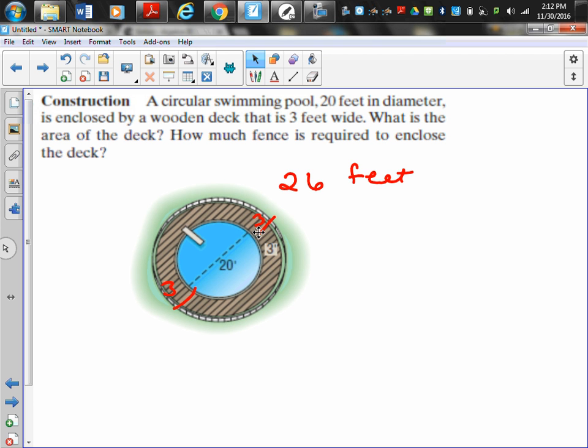How much fence is required to enclose the deck? What is that question asking you to find? Circumference. So then you'll use the 26 to find the circumference. So this is very similar to the homework assignment that you have. All right. Any questions so far?